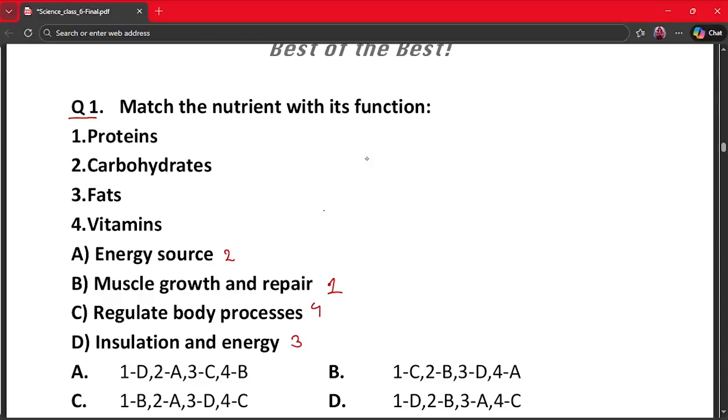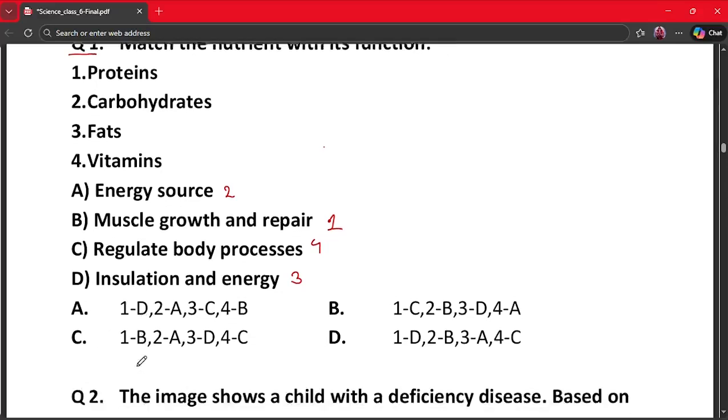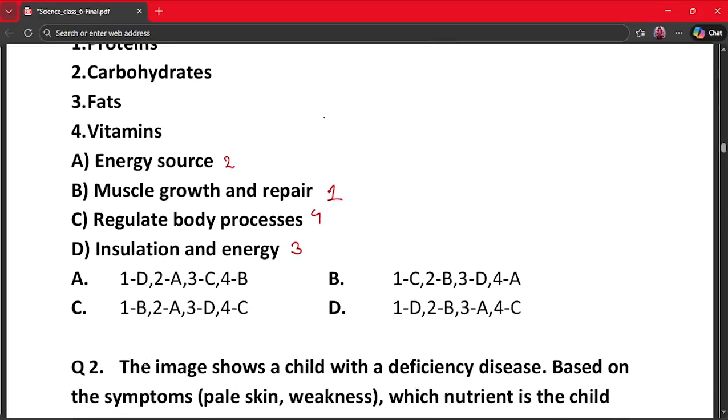The correct answer is option C, which says 1 to B, which is muscle growth, 2 to A, which is carbohydrates to energy source, 3 to D, which says fats to insulation and energy, and vitamins to regulate body processes. So the correct answer is option C.